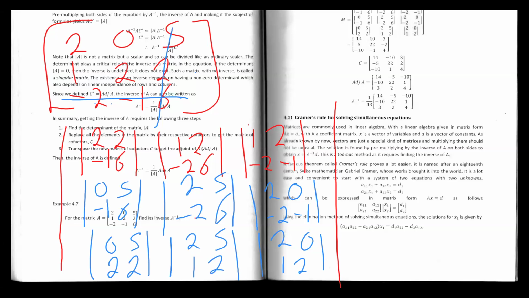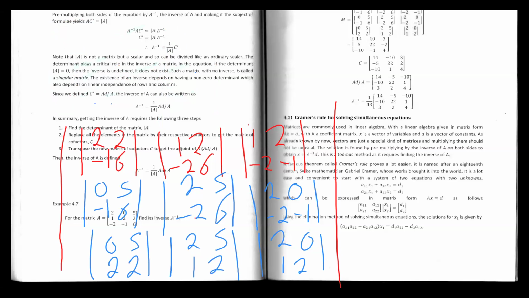Now, from here, we are almost there to finding what? The cofactor matrix. What you do now is just solve these determinants. Find the determinants for each of these. Okay? So this will be 2 times 6, that is 12, right? 12 minus 2 is what? 14. I'm using shortcuts now.